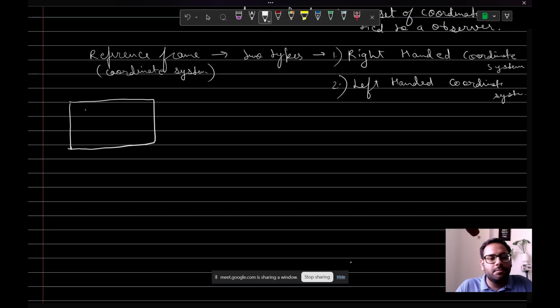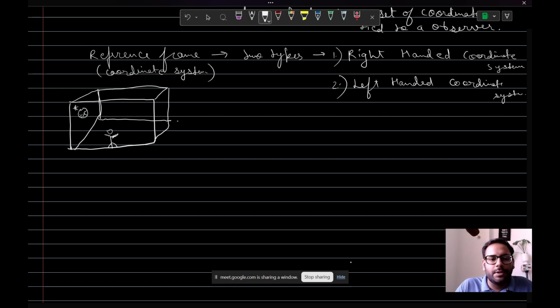We have defined something. Suppose this is your room, and here you are standing. You have a wall clock here, because to represent a time coordinate you must have a clock, and you must specify your coordinate axes also.